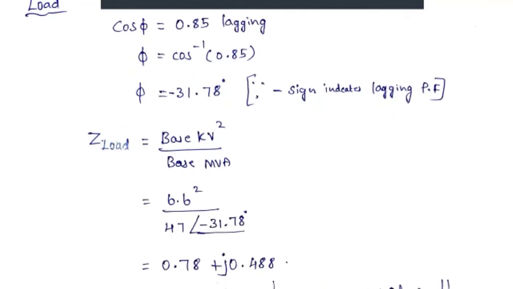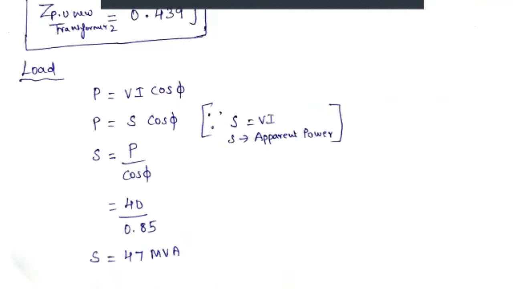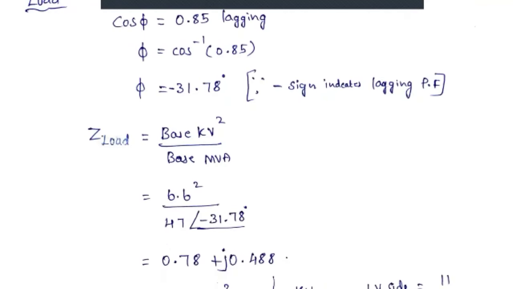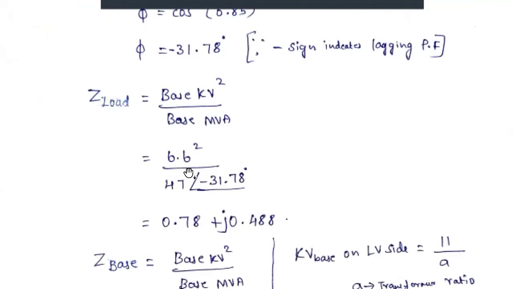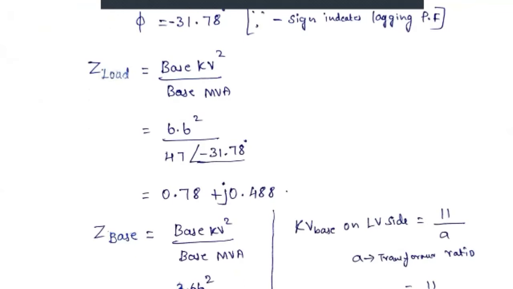So 6.6 whole square divided by the base MVA, whatever we calculated, that is 47 at the angle of minus 31.78. While simplifying, you are getting the answer as 0.78 plus j into 0.488.